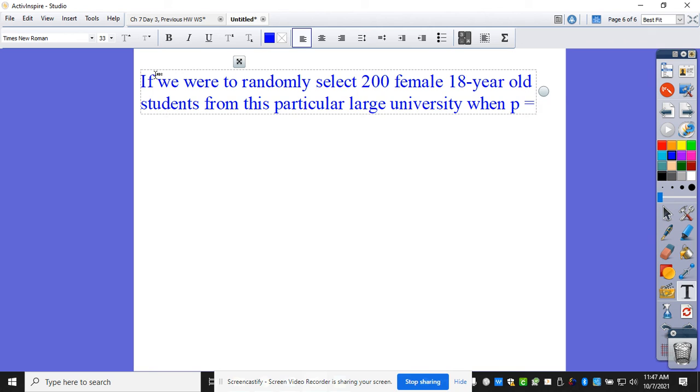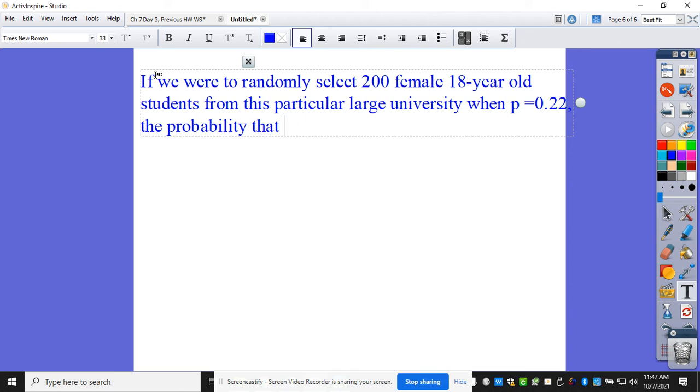P equals 0.22. The probability that what? Directional wording for inequality, word from the problem. It said at most, right? It said 31 out of 200 or less.